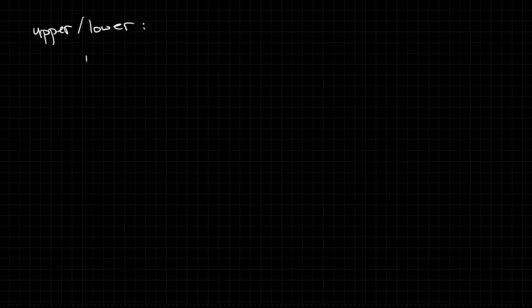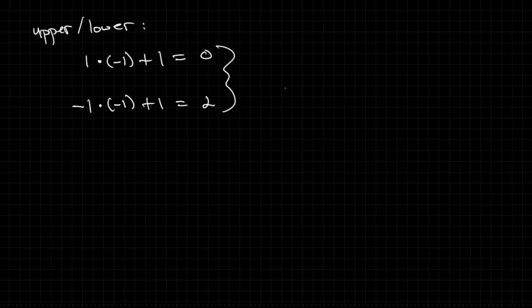So we'll take 1 and -1, and we'll apply our transformations, that is reflecting by multiplying by -1 and then adding 1. So the lower line here is going to be 0, and the upper line is going to be, I multiply by -1 to do my reflection, then add 1, and I get 2. So I have my upper and lower lines here, and now I'm going to include those on a graph.